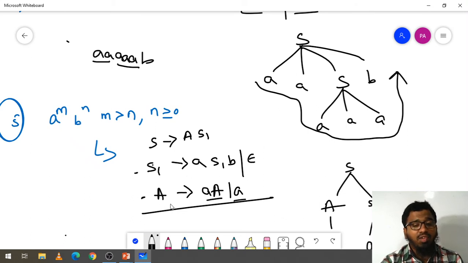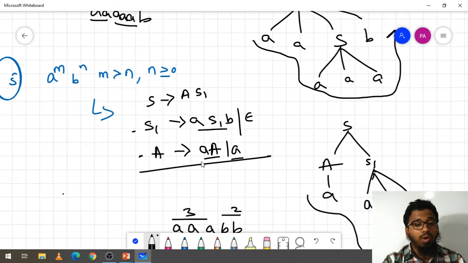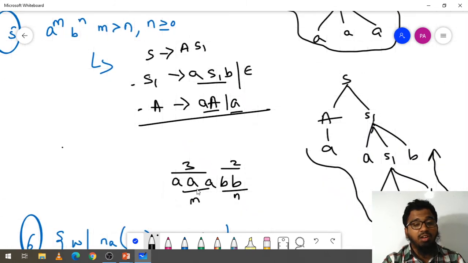So for that we have written A, small a, capital A, and the terminal is A. Here equal number of A's with this, and this A is increasing, that means m is more. Like see here, 3 A's and 2 B's we got from this grammar.